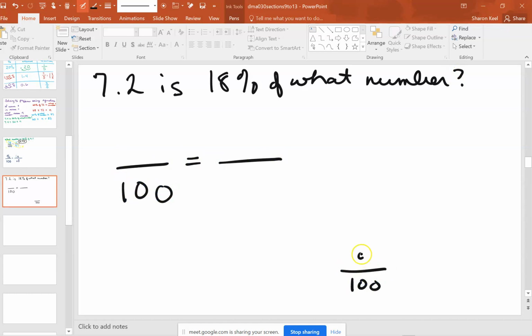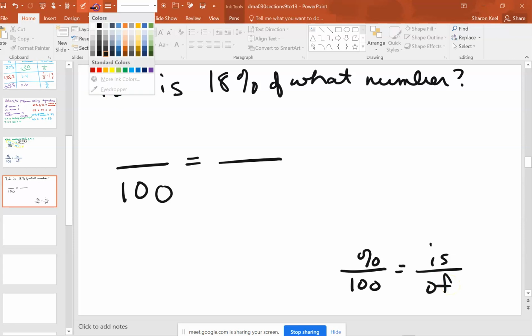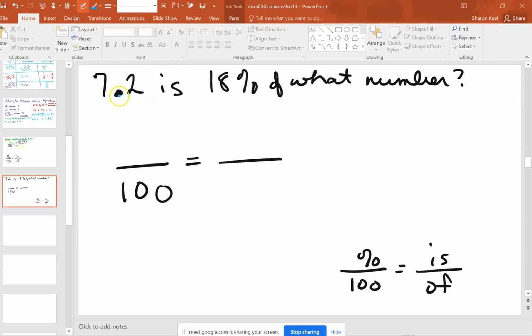Now let me just make note of this because you would have this on your paper off to the side so you can refer to it. What they tell us is that 7.2 is. The is goes on the top right. 18%. The percent is always above the 100. Of what number? The of, the denominator, is the unknown.